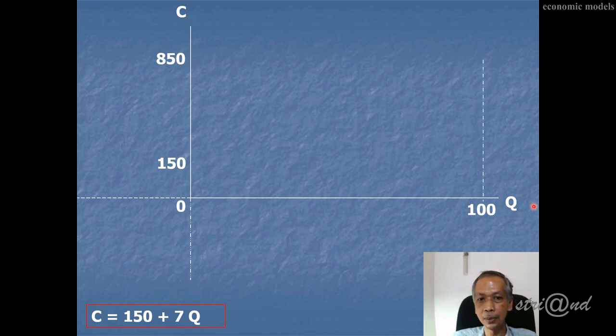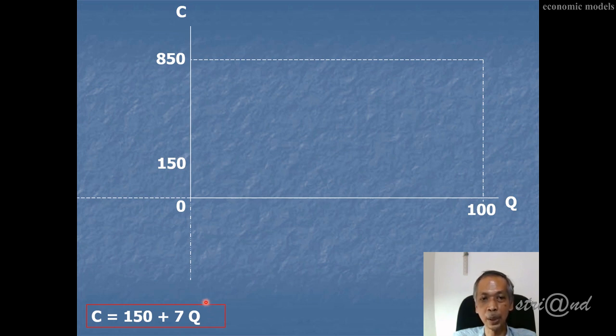So we have found 2 points, this point and this point here, and we only need 2 points to draw a straight line. We know that this is a linear function because this is a first degree polynomial function. The exponent here is 1.